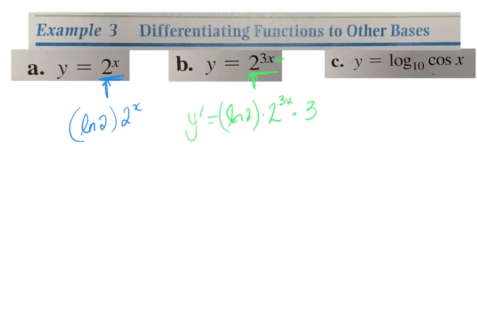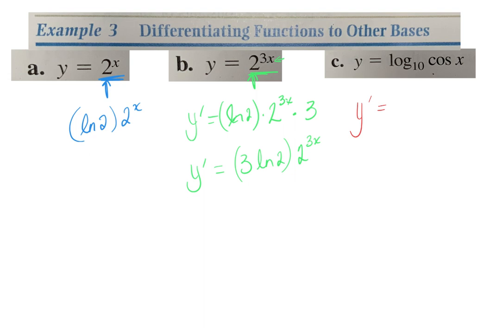We would probably rewrite this one. We would probably say 3 ln of 2. Put it in parentheses so you don't confuse it with the base 2 to the 3x. For the last one, if I'm doing the derivative, this is the derivative of a log other than base e.